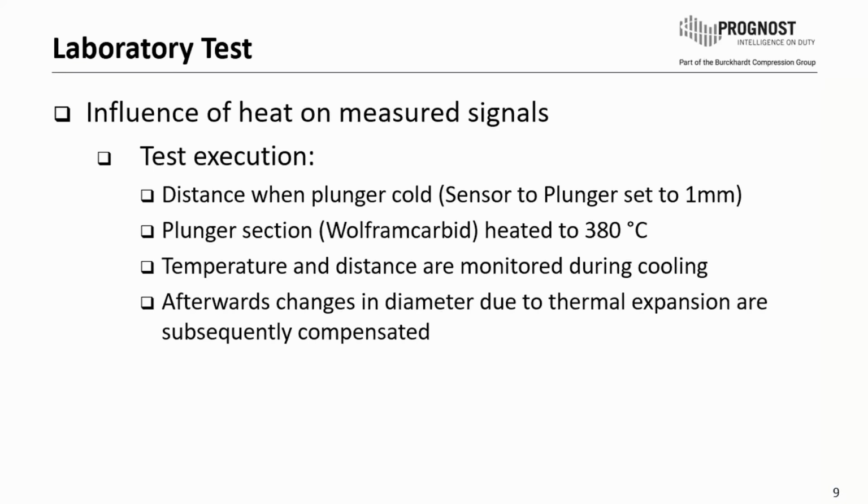While the temperature was cooling down, the distance and the temperature were monitored permanently, so we have the cooling phase and also the distance between plunger and sensor. Afterwards, we changed this diameter for thermal expansion and compensated it in our measurement.